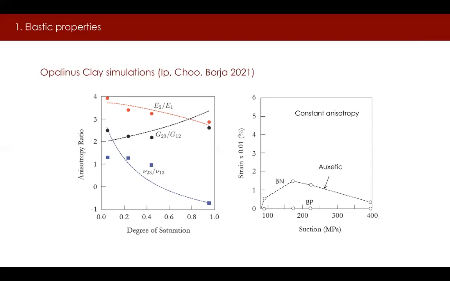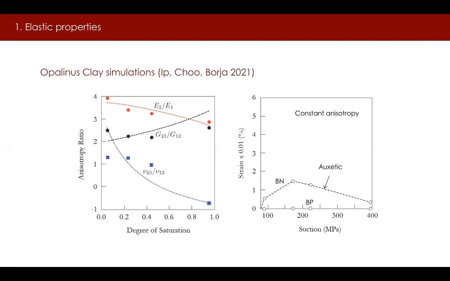For opalinous shale at 44% saturation, the figure on the right of this slide compares the evolution of anisotropic normal strains during the drying process. The case with a constant stiffness anisotropy results in nearly zero strains in the bed parallel direction.